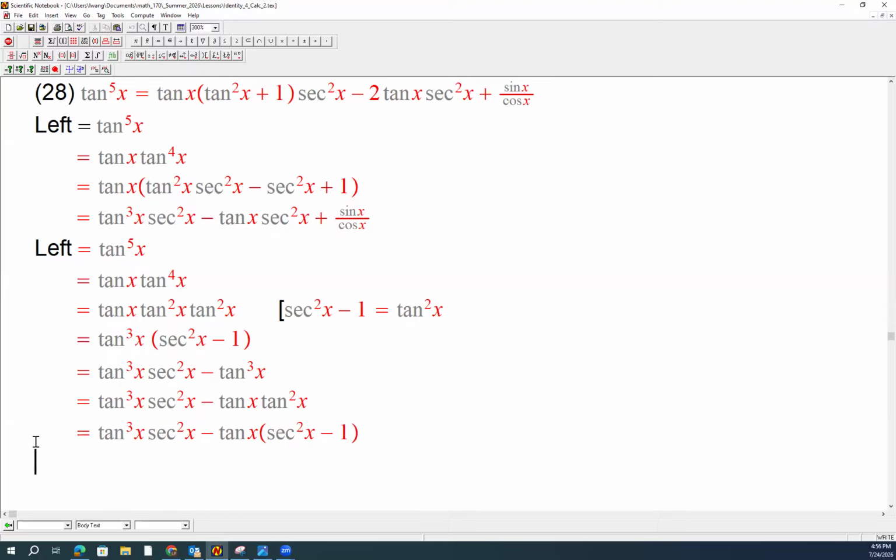So with that said and done, I'm going to take tangent x times secant squared plus tangent x. And this tangent x will turn into sine x over cosine x.